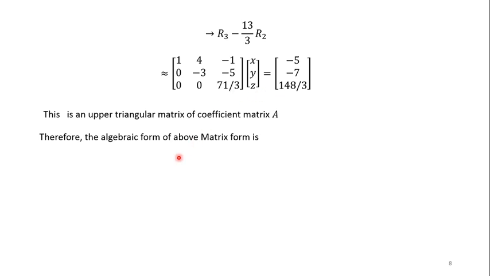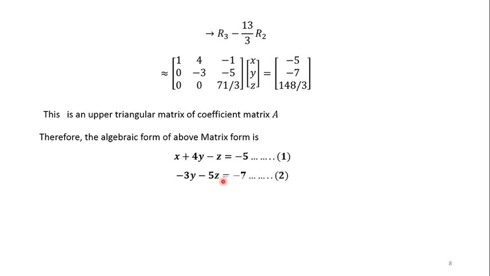Therefore the algebraic form of the above matrix form is as follows. After getting this upper triangular form, you just convert it into algebraic form. The first equation is x plus 4y minus z equal to minus 5.